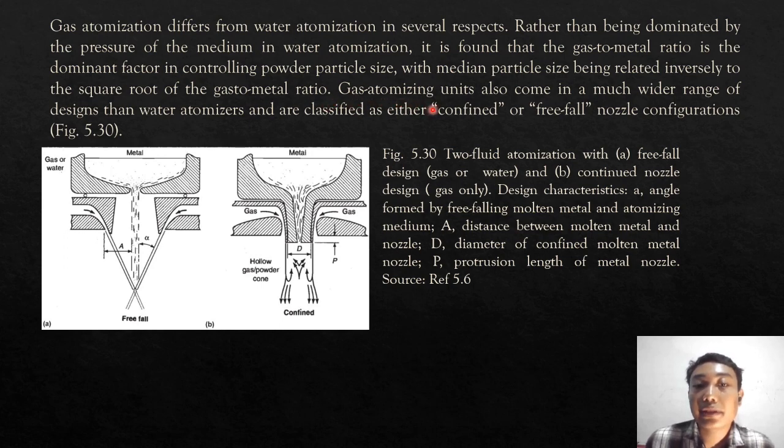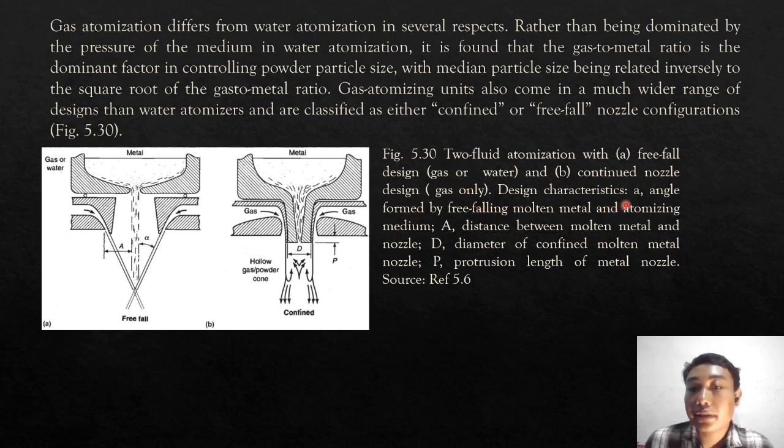Gas atomization units also come in a much wider range of designs than water atomization and are classified as either confined or free-fall modular configurations, like in figure 5.30. This is figure 5.30 for two-fluid atomization with A, free-fall design, gas or water, and B, confined nozzle design, gas only.